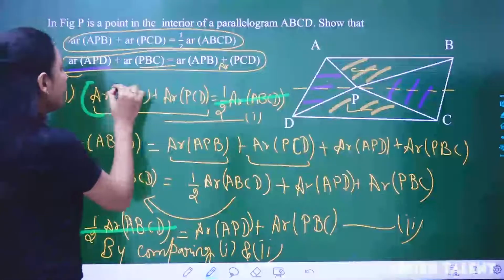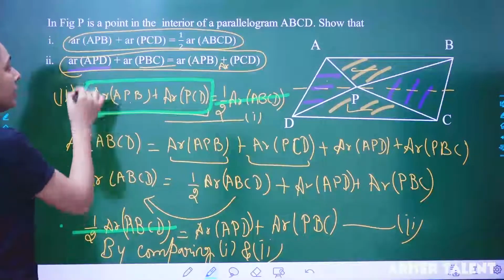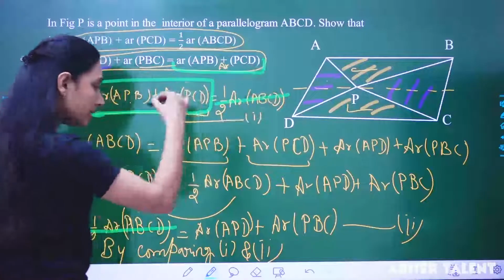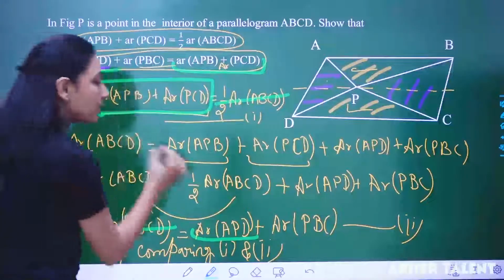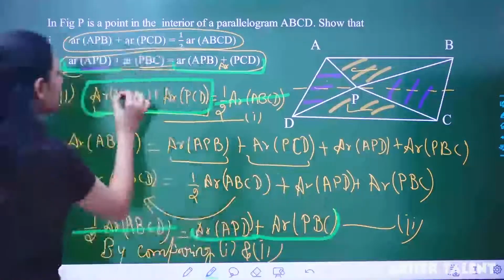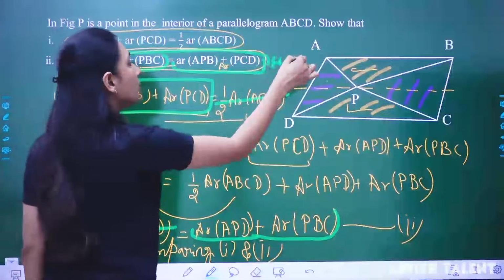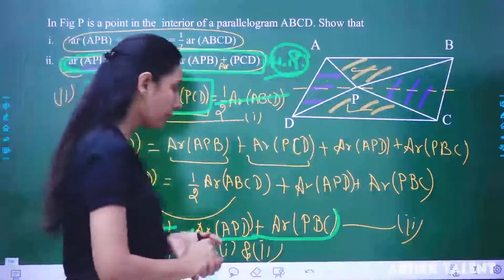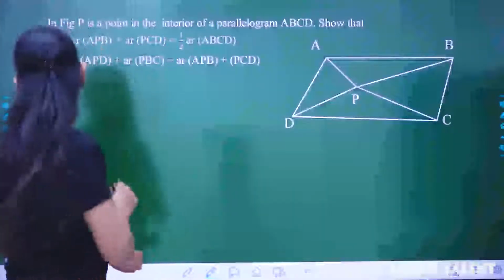So basically area APB plus area PCD is equal to area APD plus area PBC. So, hence proved. Okay, any confusion in this question? No? Okay, let's move to the next question.